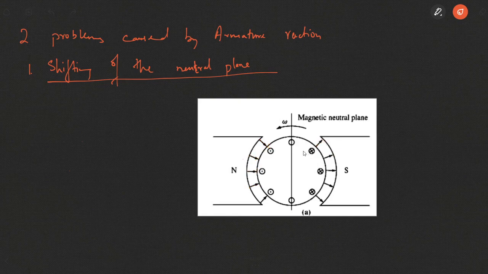Now when we load the system, armature current begins to flow through these conductors.